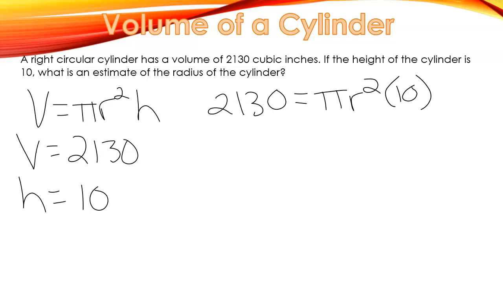There isn't really much we can do here in terms of r just yet, but we can divide by 10 pi. First, let me rewrite this as r squared times 10 pi. So I can divide both sides by 10 pi.